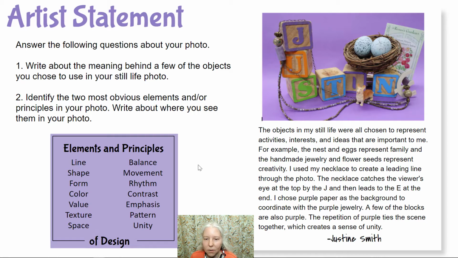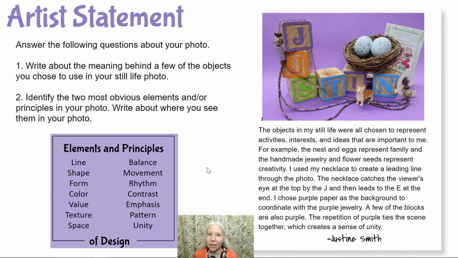The necklace catches the viewer's eye at the top by the J and then leads to the E at the end. I chose purple paper as the background to coordinate with the purple jewelry. A few of the blocks are also purple. The repetition of purple ties the scene together, which creates a sense of unity. And then I put my name in a fancy font at the bottom.